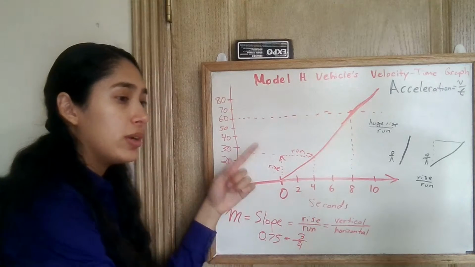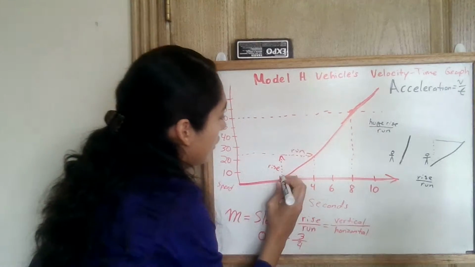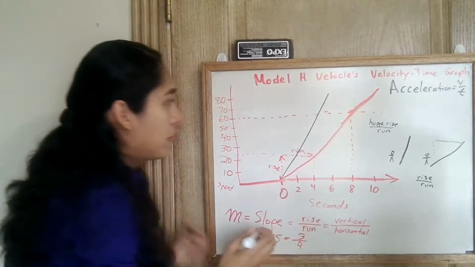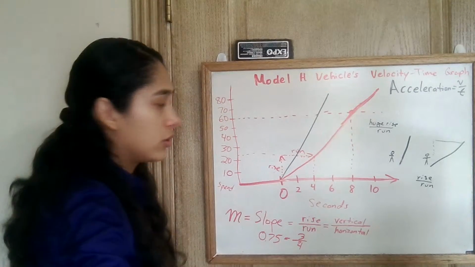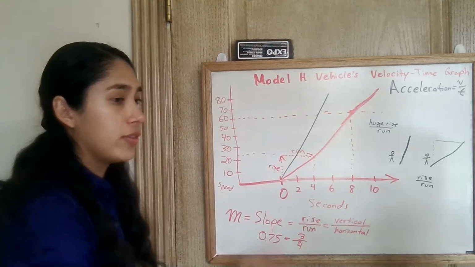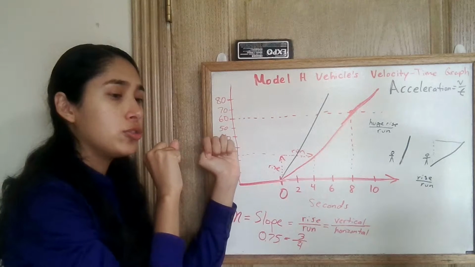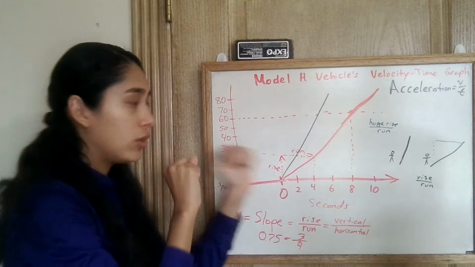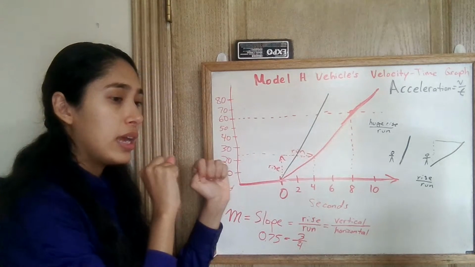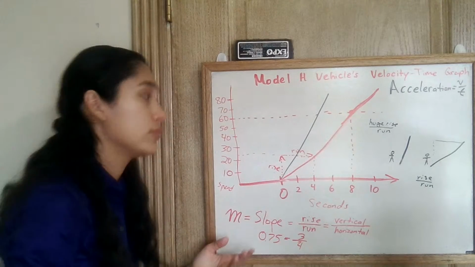So we get a ratio of one vehicle, and let's say we have a different vehicle over here with a different rate of acceleration. Then I would calculate that rise over run, and now I have two ratios. What do I do with two ratios? I can assume that they're equal, where they're equal at certain points, and then I can use a proportion to solve for any unknowns.